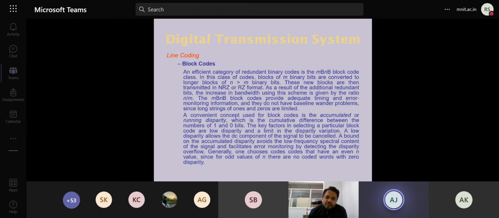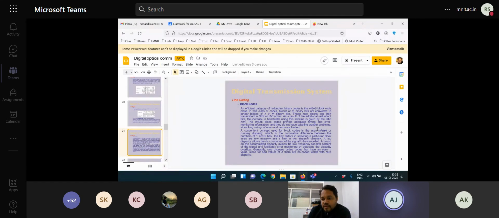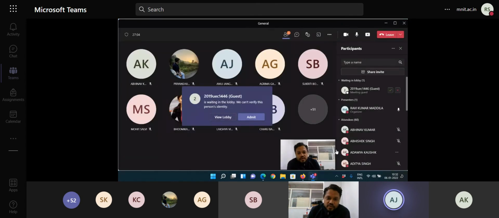If you're receiving something, the NRZ, RZ, and Manchester codes can tell you whether you have received a 1 or a 0, but they will not be able to correct any errors. So block codes have the added advantage of error correction.